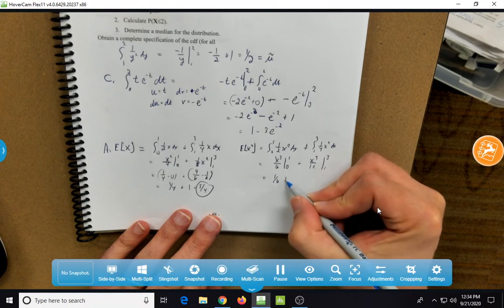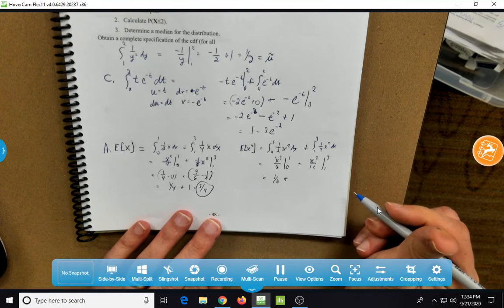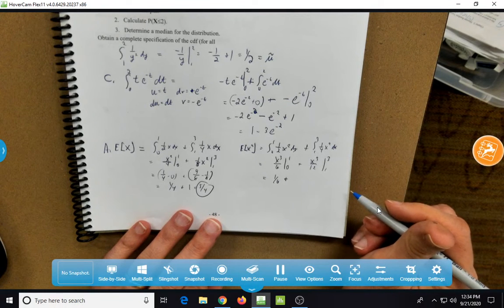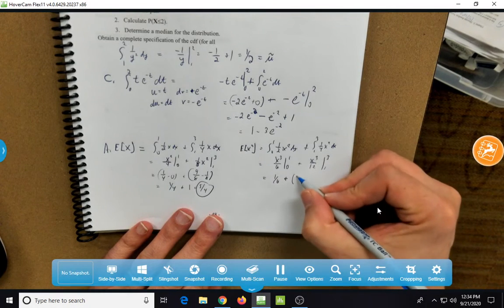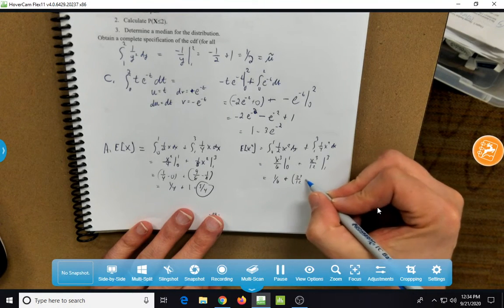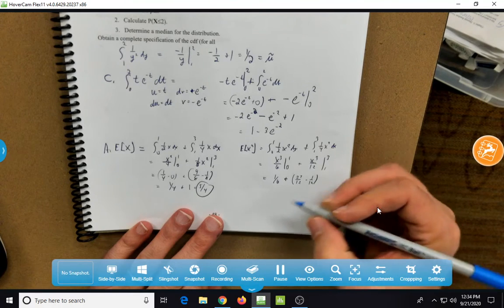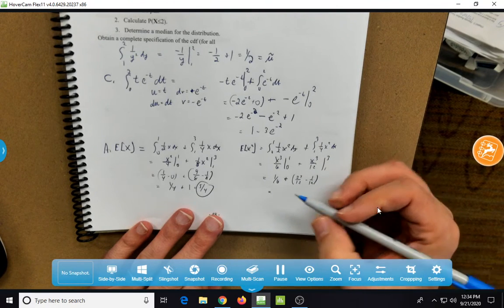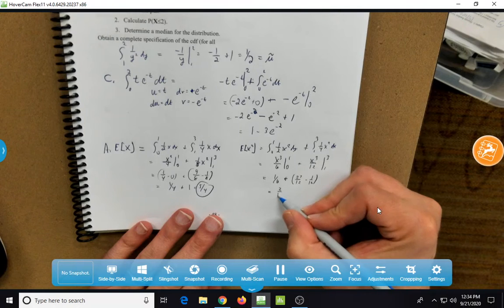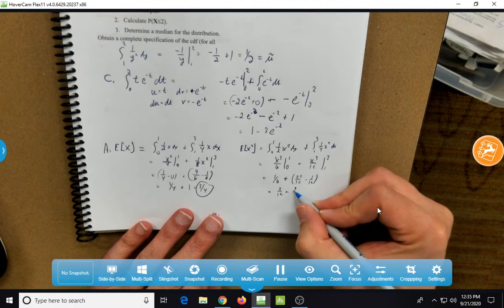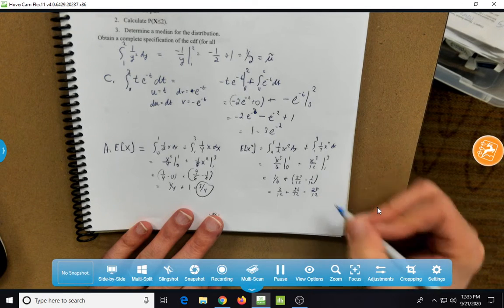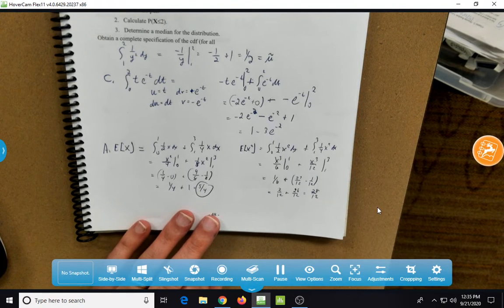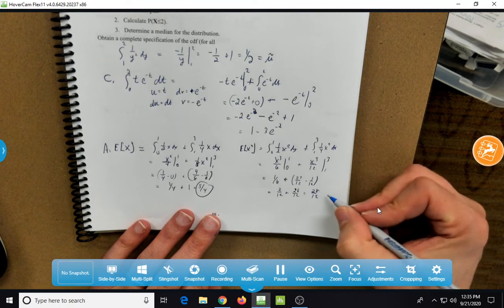I get 1/6 plus 27/12 minus 1/12. 2/12 plus 26/12 is 28/12, which is 7/3.